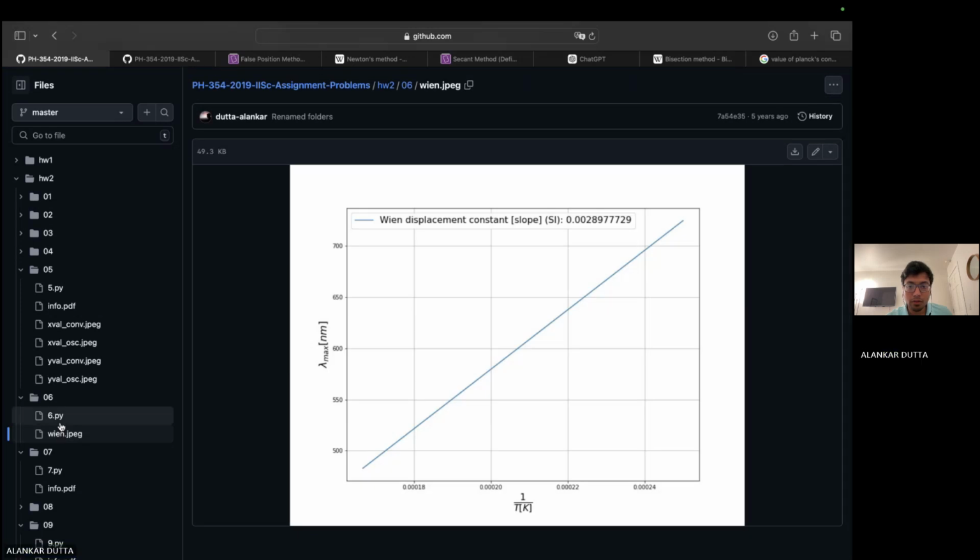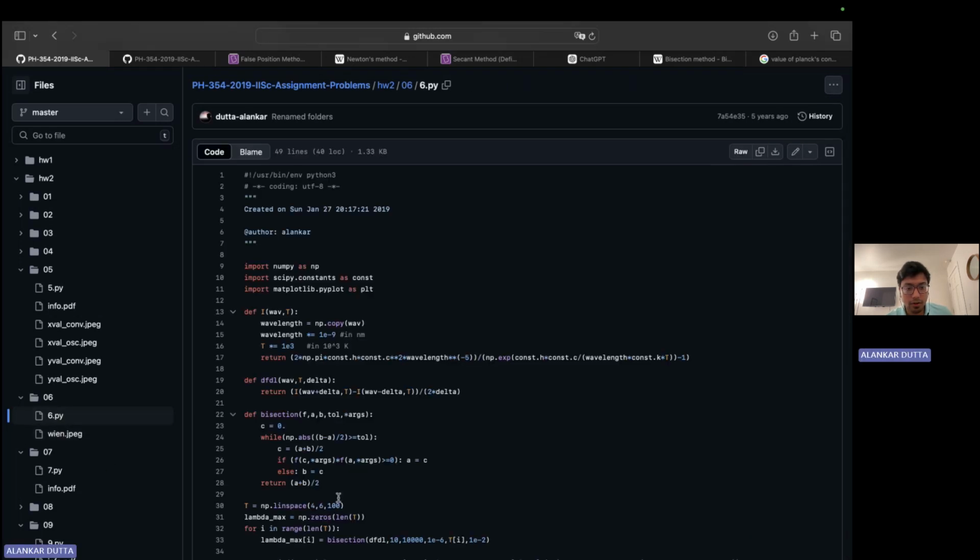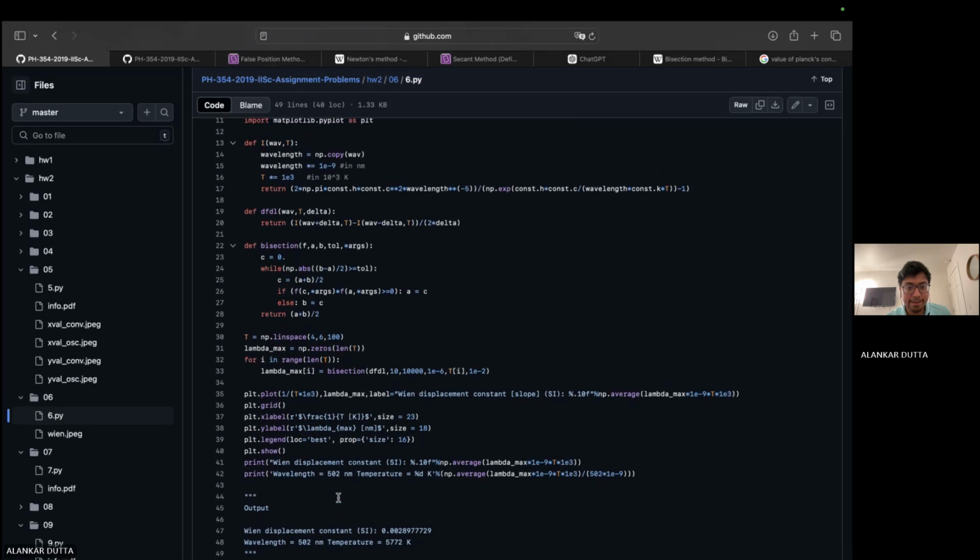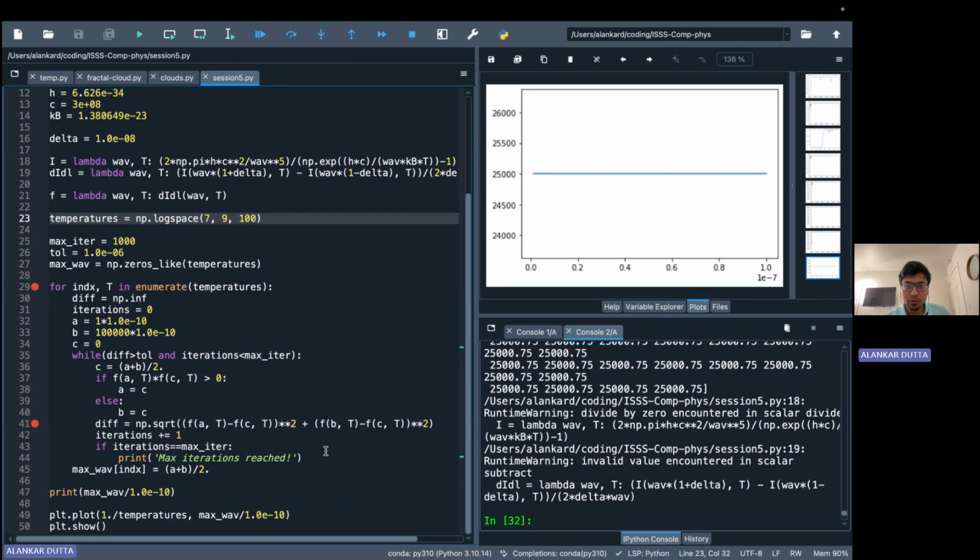Then it's 1 by T in Kelvin, and lambda max in angstroms.